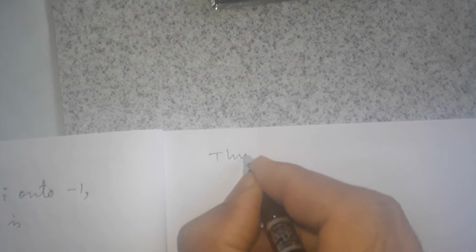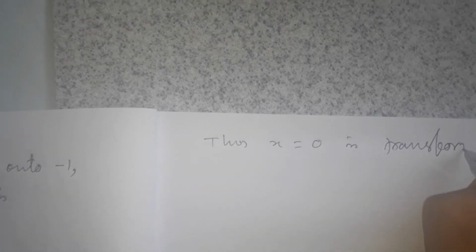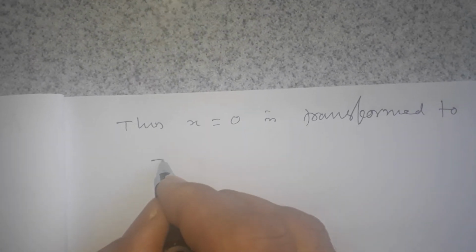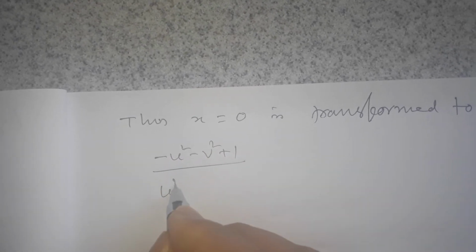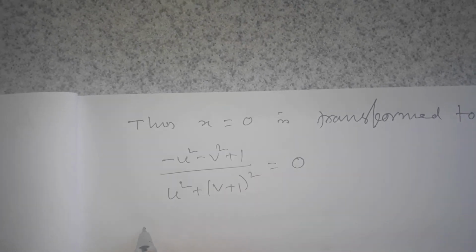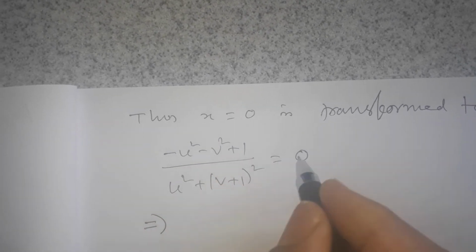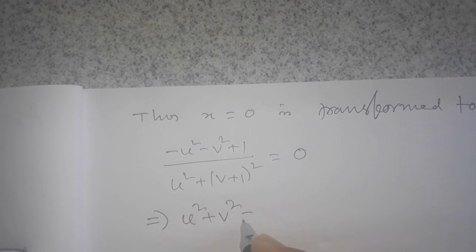So therefore x equal to 0 is transformed to: minus u square minus v square plus 1 over u square plus (v plus 1) whole square equal to 0. That implies only the numerator is 0, so u square plus v square is equal to 1.